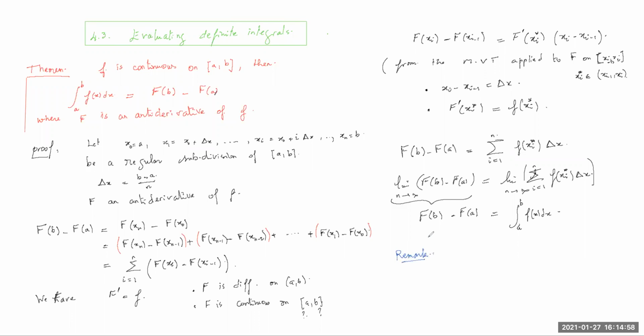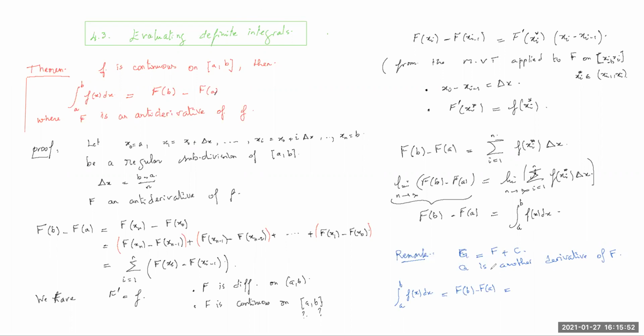Suppose that F is an antiderivative, and you have G, another antiderivative of f. G will necessarily be F plus C. So if you want to compute the area, the integral from a to b of f(x) dx, we established that with F, it's capital F(b) minus capital F(a).